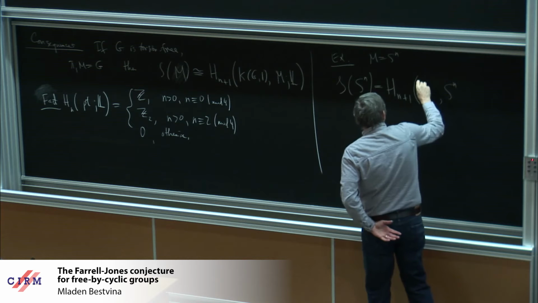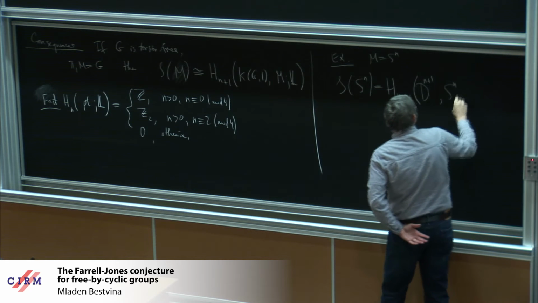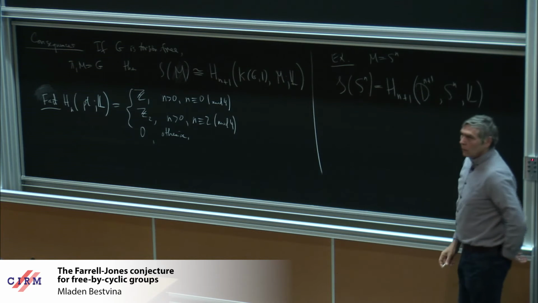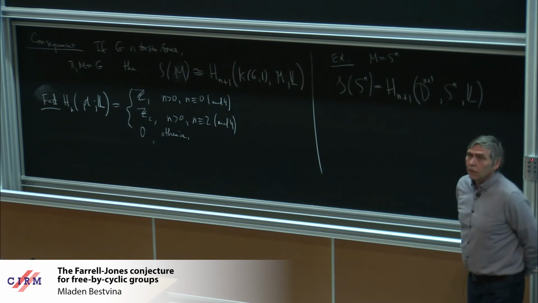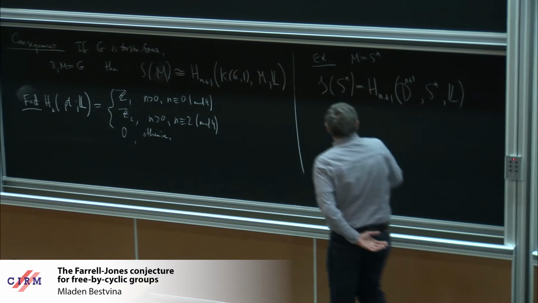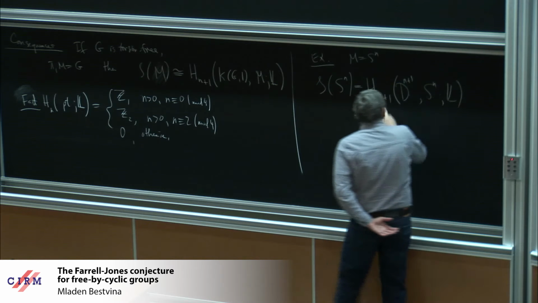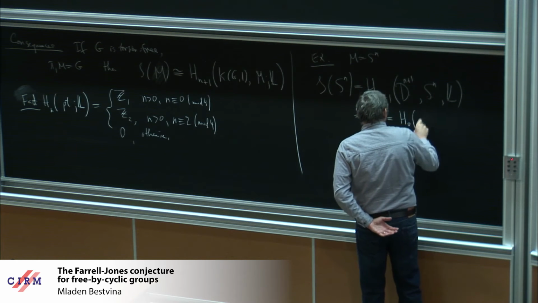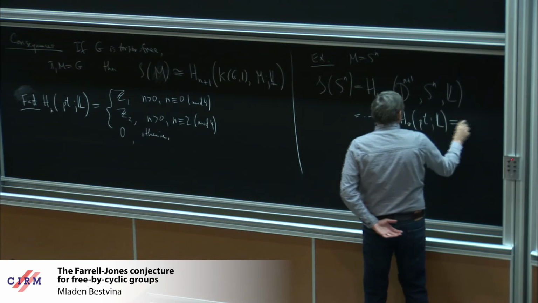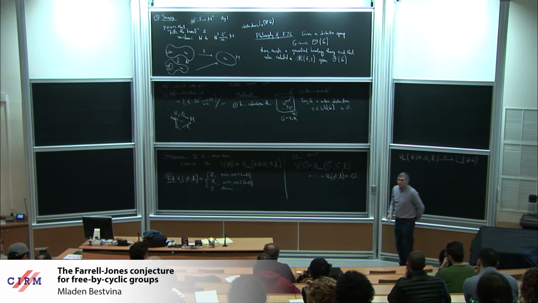That'll be the disk, plus 1, and then L, right? Now, long exact sequences and so on. This is just like in Hatcher. You do this inductively on n or whatever, and you end up with h0 of the point, which is 0. So I just proved the Poincare conjecture for you. How many times did that happen?